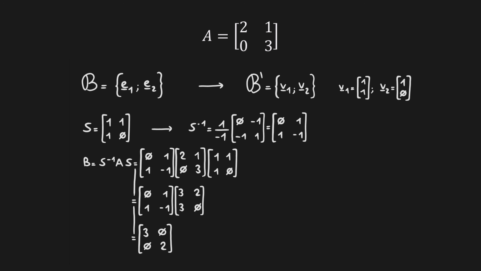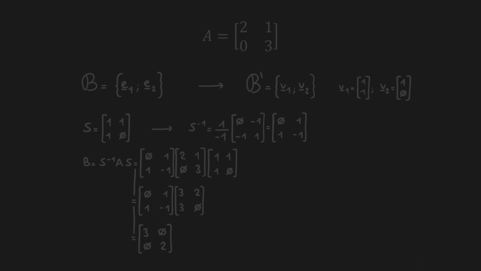So A and B represent the same linear transformation, but A is in the standard basis B, and B is in the new basis B prime. Since B is diagonal, the transformation is now easier to analyze, and we know that the basis B prime consists of eigenvectors of A, and it has on the diagonal its eigenvalues.